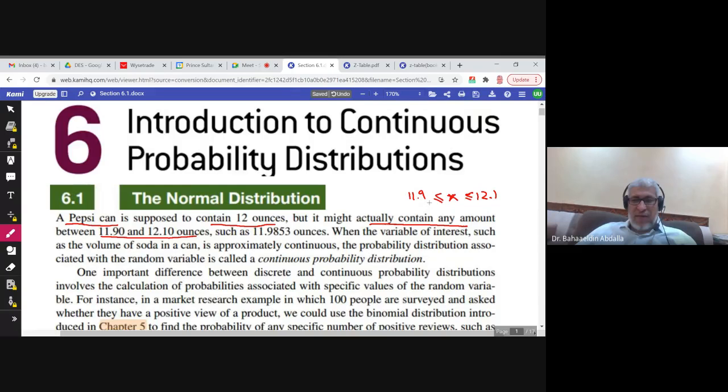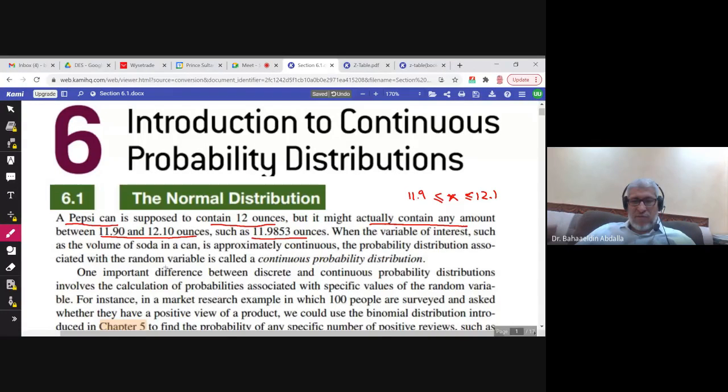X could be any number between these two numbers, any real number. X has infinite values. For example, it could be 11.9853 ounces, the volume of the can.